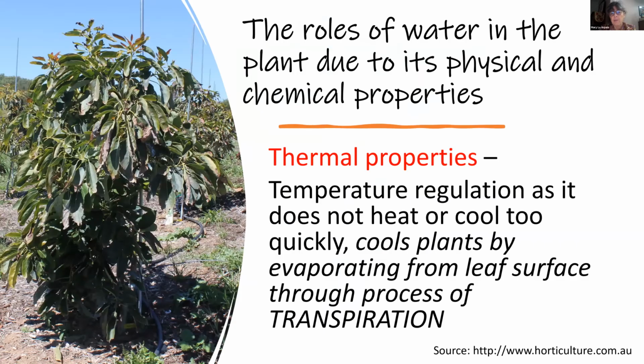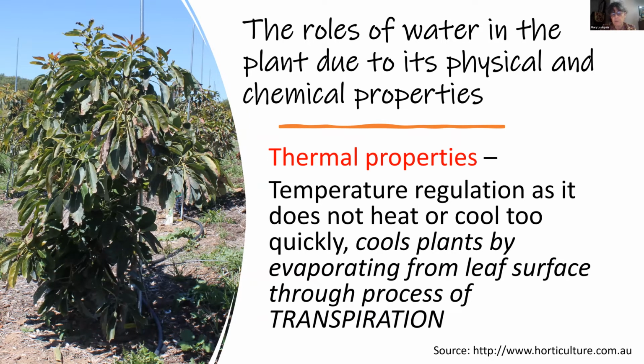Because of the movement of water through the plant, one of the things it does is, water has a thermal property, so it provides temperature regulation. Water doesn't heat or cool too quickly. So as the water moves through the plant and evaporates off the surface of the leaves through the stomates, it actually acts as a cooling for the plant.